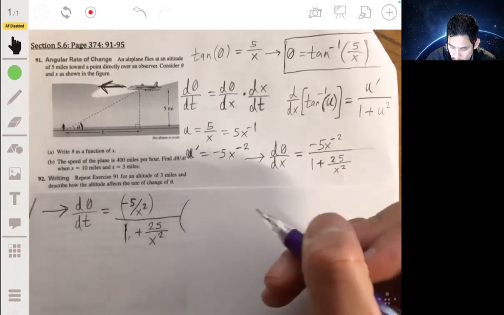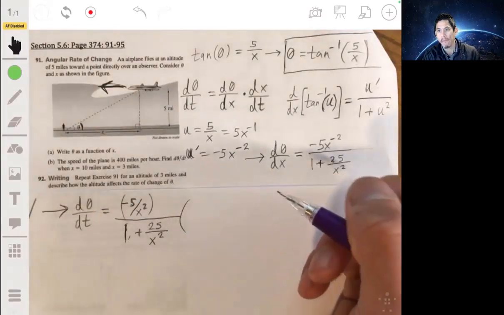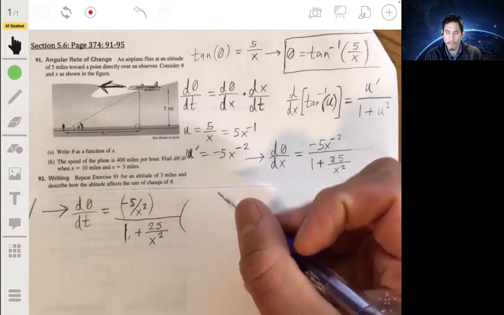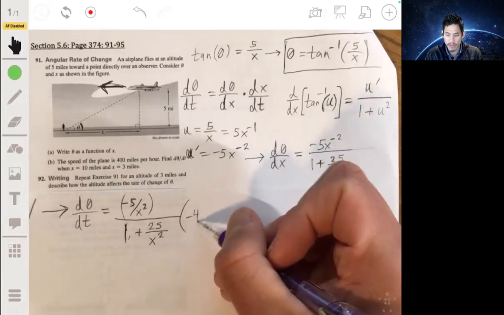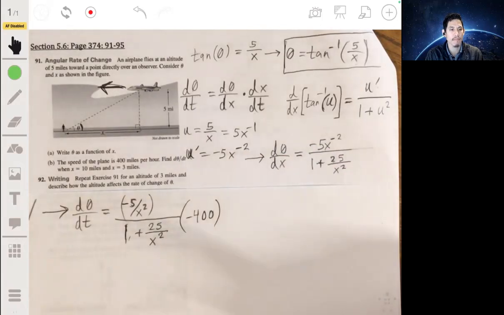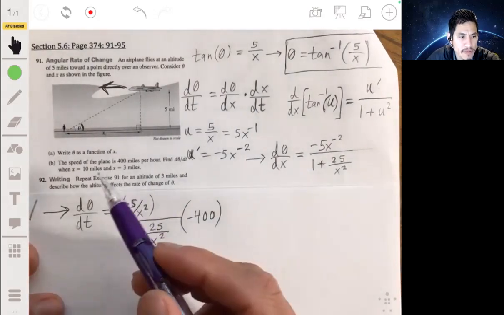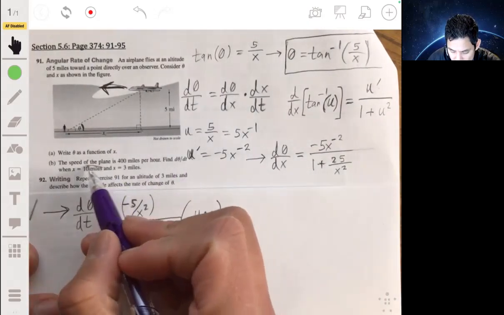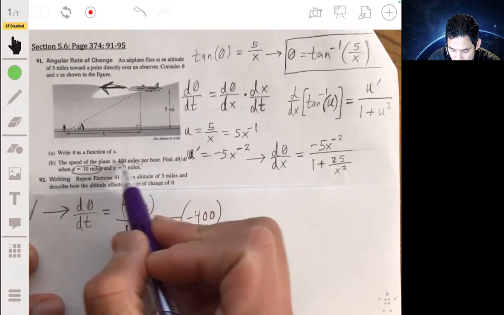And this whole thing times -400. So then now we just have to answer those two situations, when x is 10 and when x is 3.